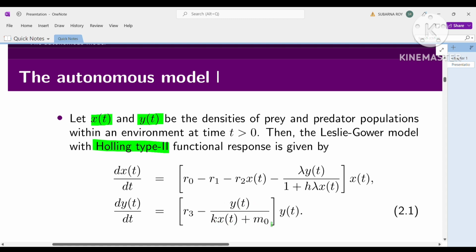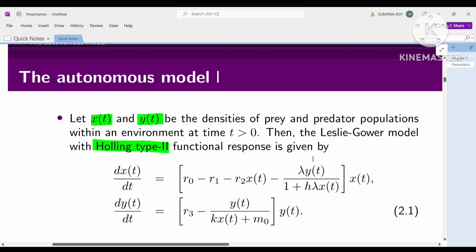And we have discussed that the carrying capacity for predator population is proportional to prey species, that is k into x(t), and to prevent the mathematical singularity we add this term m0.